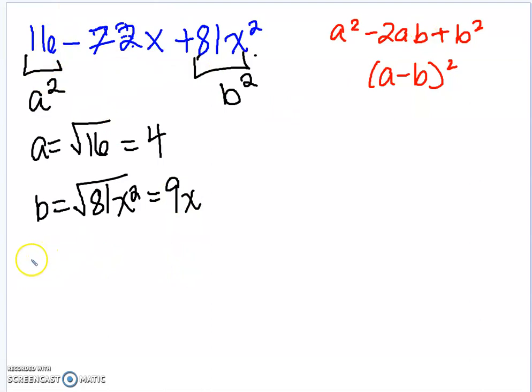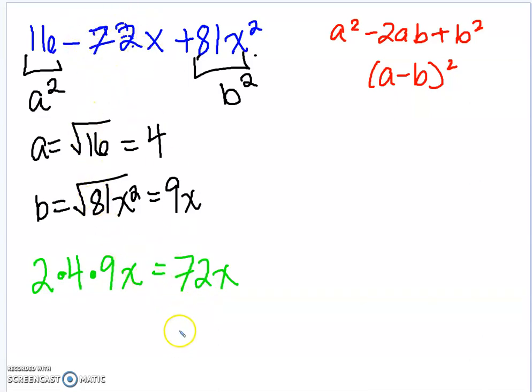If I do 2 times a, which is 4, times 9x, which is b, I'm going to end up with 8 times 9x, which is 72x. So that's good. We did end up with that 72x.